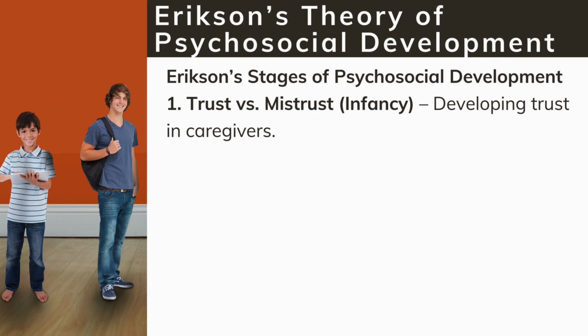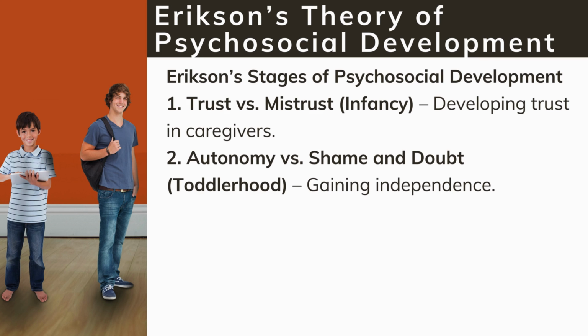This builds trust. Autonomy versus shame and doubt. At this point, toddlers learn independence. Example, a toddler insists on dressing themselves, fostering autonomy.